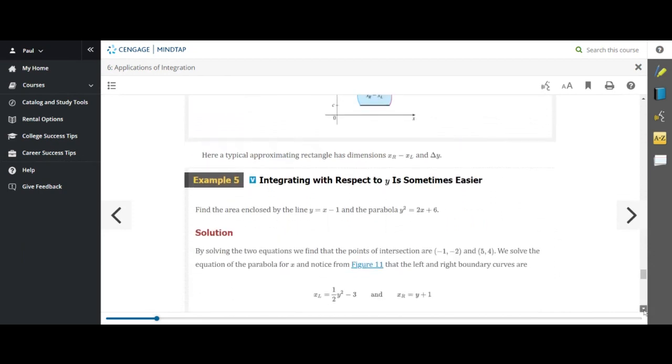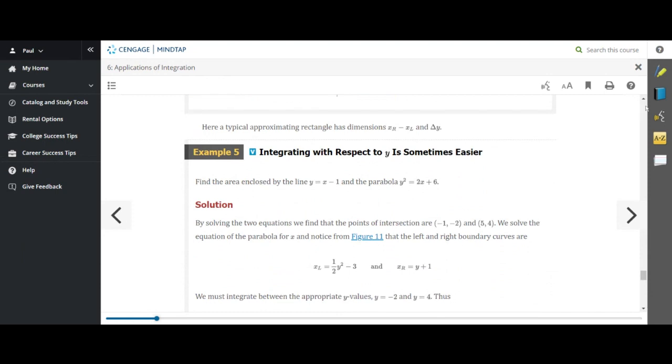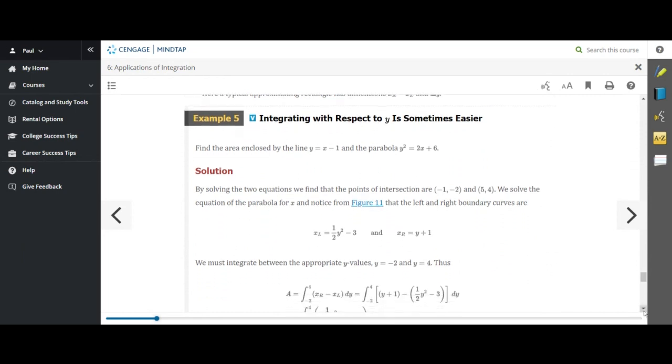So in example 5, to find these areas between two functions, sometimes we'll integrate with respect to x, sometimes we'll integrate with respect to y. You can always do one or the other, but sometimes integrating with respect to one variable is easier than integrating with respect to the other variable.